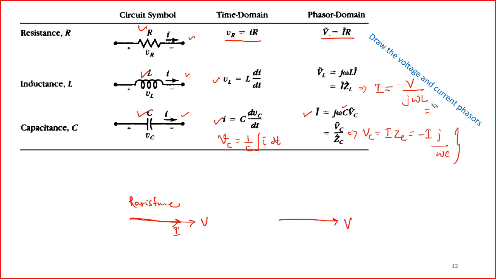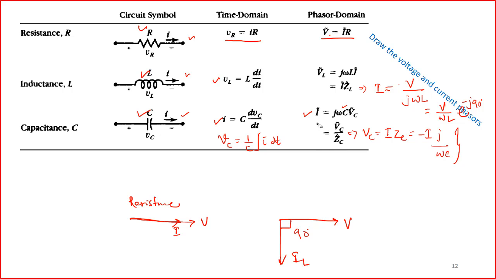So it is nothing but V/ωL, and the phasor angle will be minus 90. That means your current is lagging the voltage by 90 degrees. So for inductance, the current is lagging the voltage by 90 degrees, right?